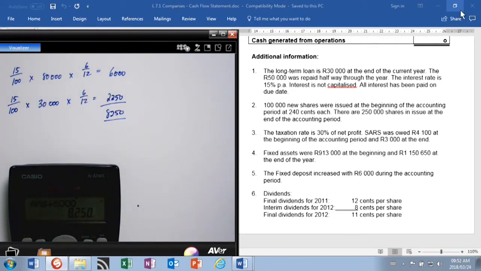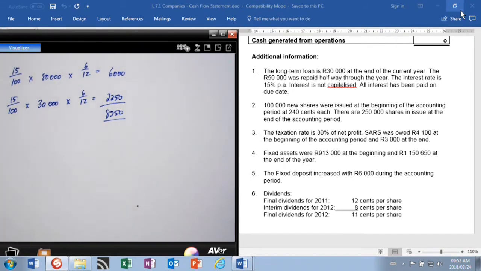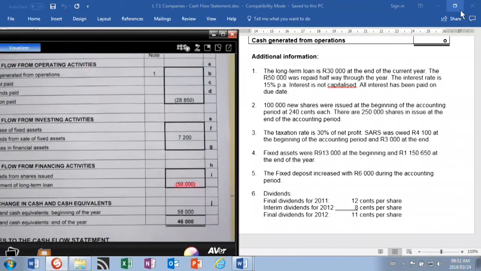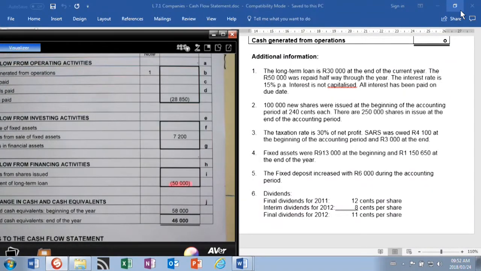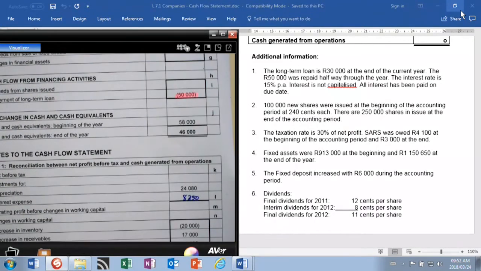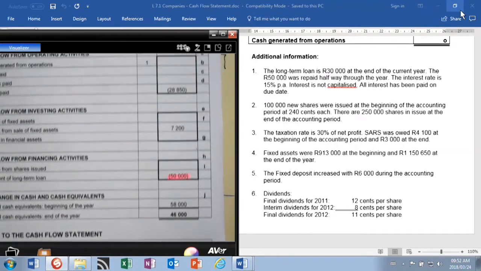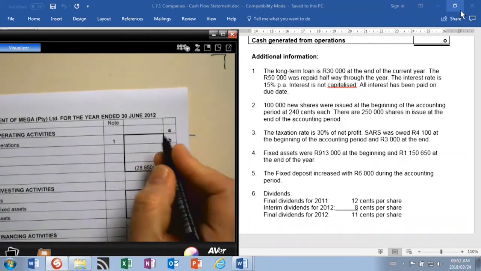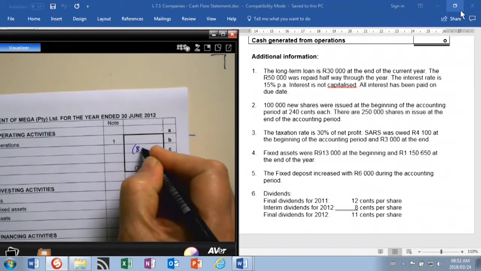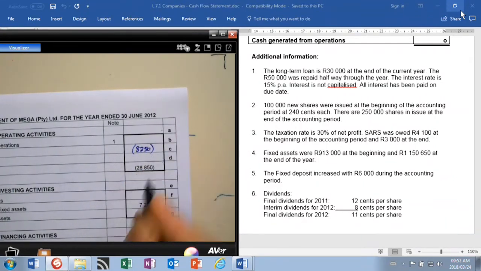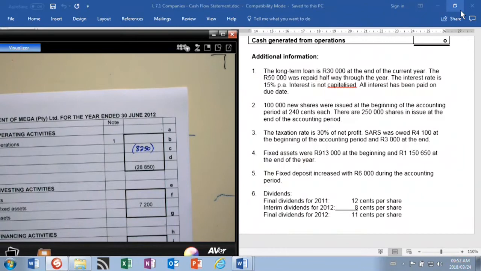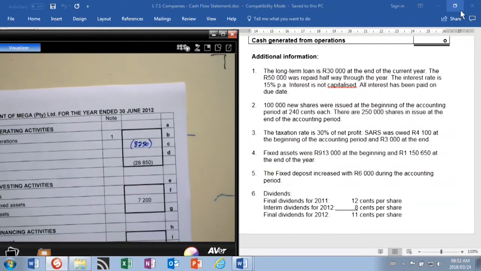So that means that the moment that we put in that 8250 as interest expense at the bottom, 8250 in note number 1, we can also put that in as interest paid on the top for number C, 8250, because everything was paid. So that's why we can do that.